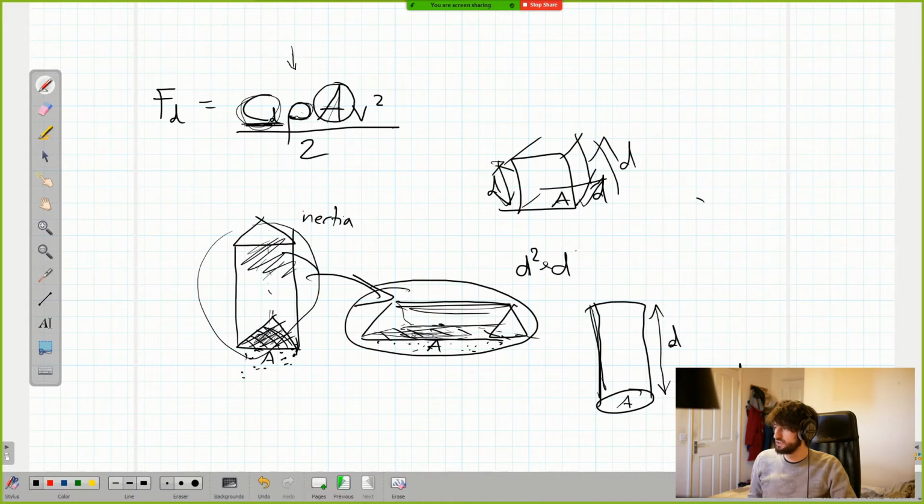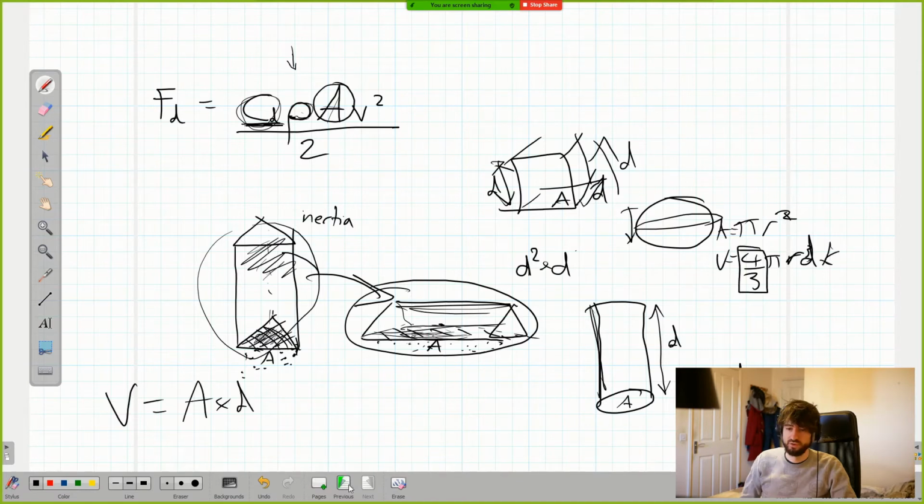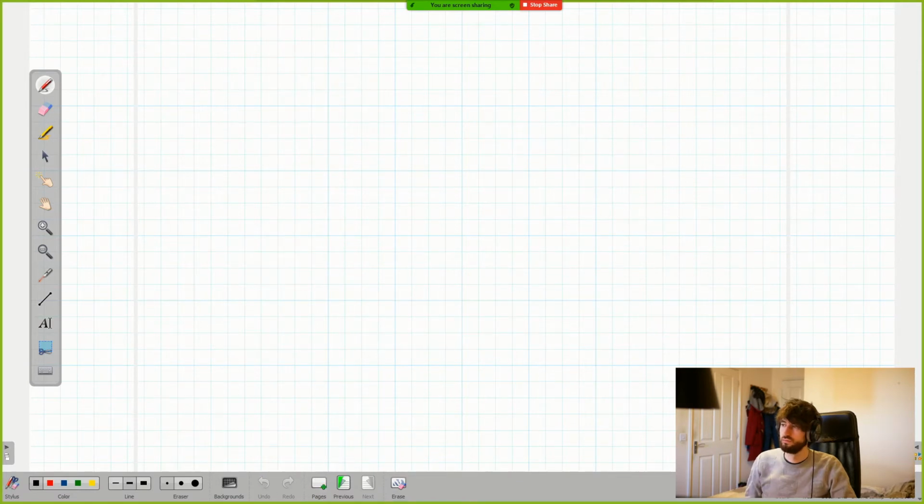And even when you've got a sphere, it's pi r squared for the area, but then the volume is 4/3 pi r cubed. You can see that we're multiplying by d again, and some constant. And what we know about mass is that mass is volume times density, right?